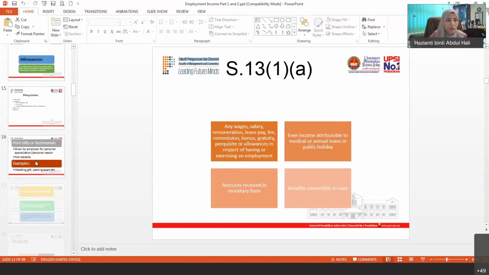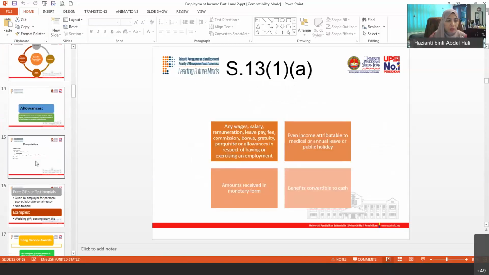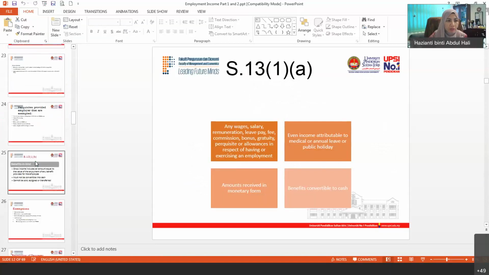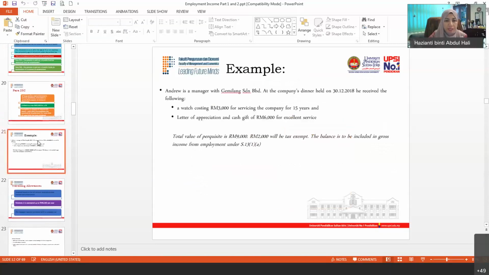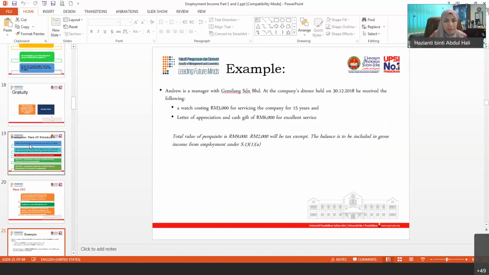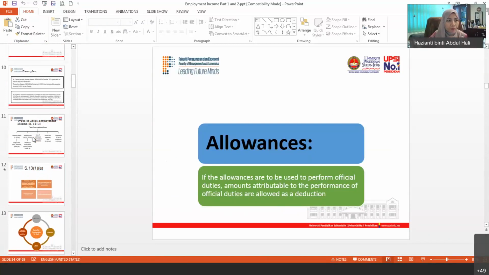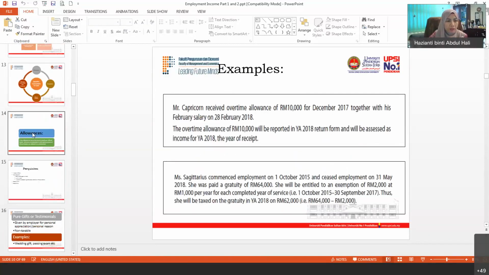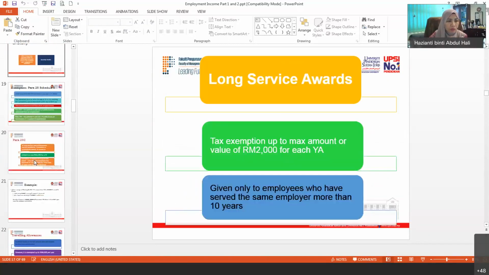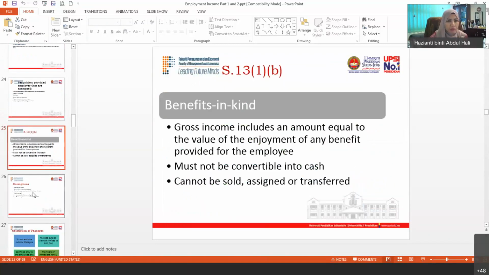Alright, so kita dah go through semua ni, the different types of allowances, the perks, the travelling allowance. And then saya ada tambah dekat sini, mana hari tu, I updated your notes tu. Sekejap, ada satu, I think 13(1)B, saya update dekat situ sikit.